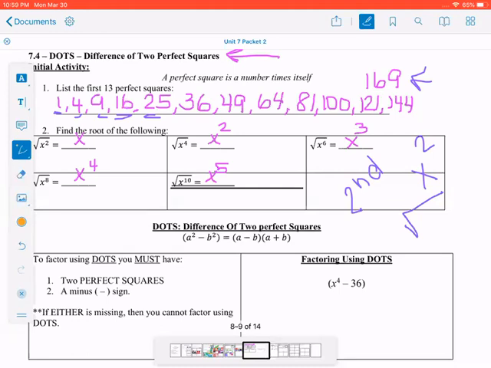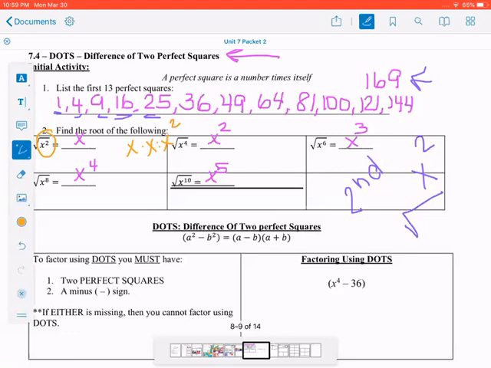And to find the square root, we're going to take the number as the exponent and divide it by 2. So for this first one, x squared, the square root of that is x because x times x equals x squared. Okay, and when you take the square root of something, the square root symbol is then gone because we took the square root.